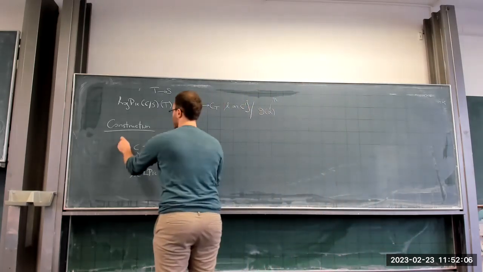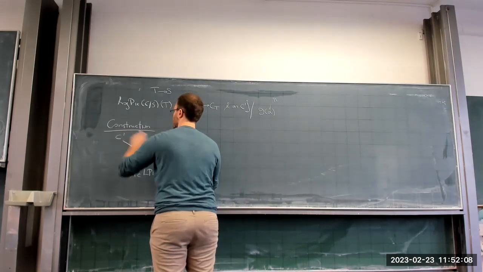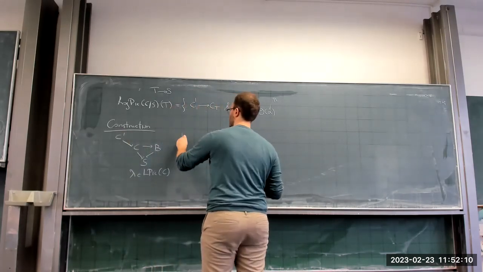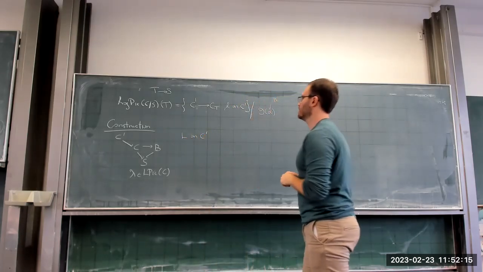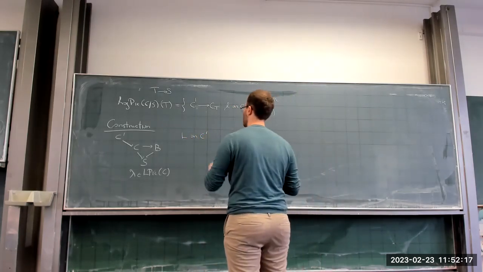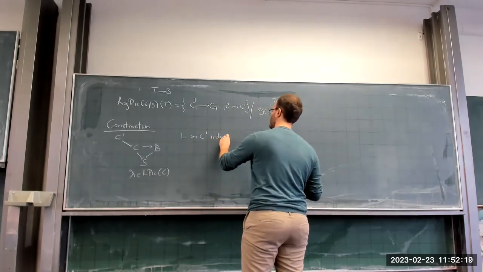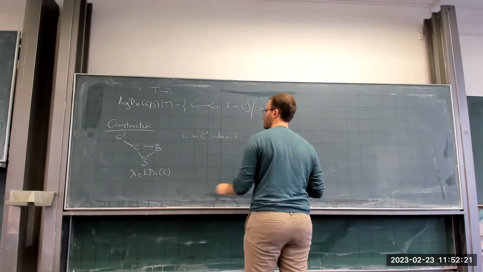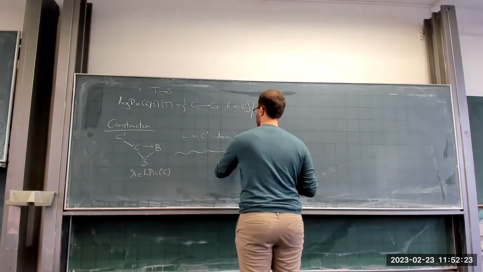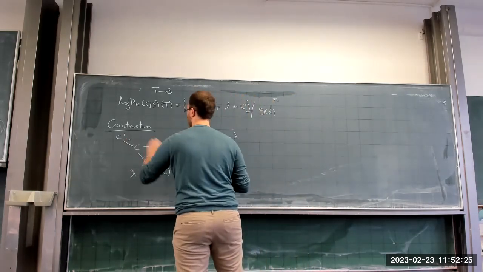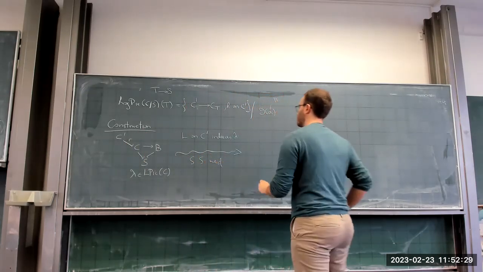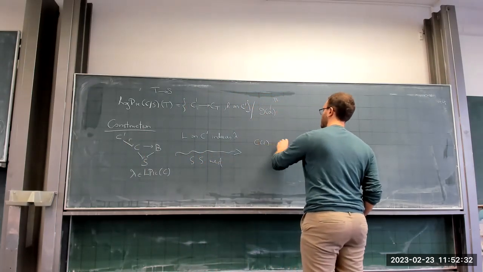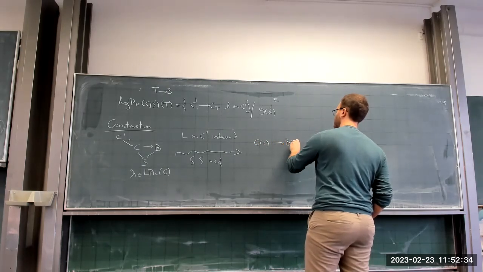So that means that I can find a blow up C prime, and I can find a line bundle on C prime that induces lambda. So now I'm going to run semi-stable reduction, and I'm going to get my diagram in the beginning.